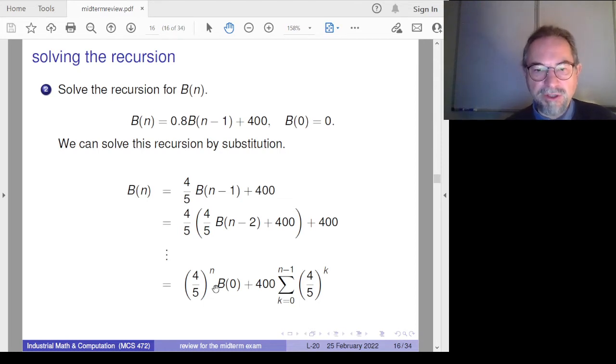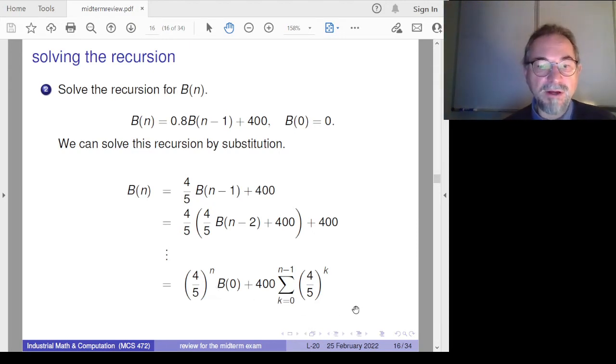So for the other term in the summation, so we have the monthly deposit, the sum 400, gets multiplied by 4/5 each time, but also with a power. And the power is 1 less than what the balance gets multiplied with. But there is a summation here.